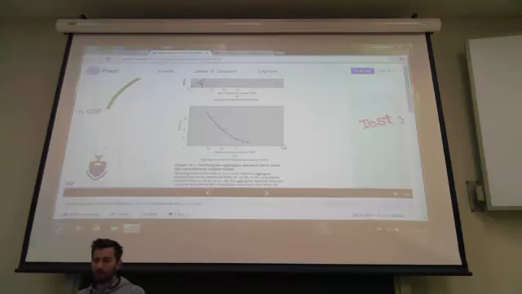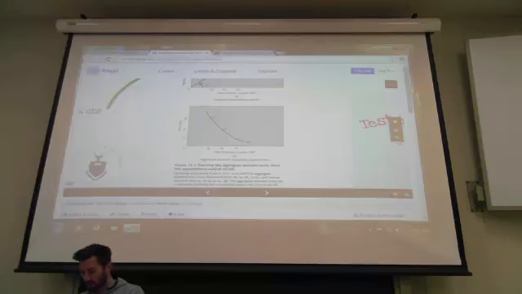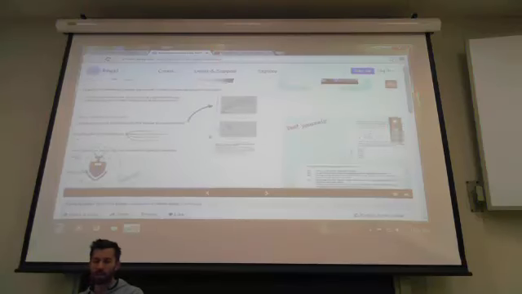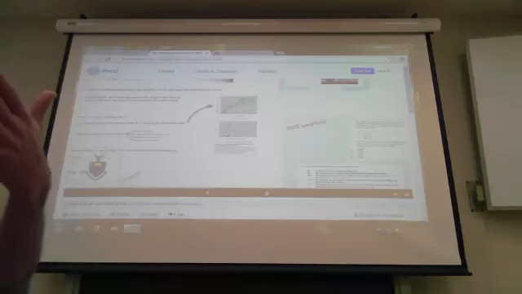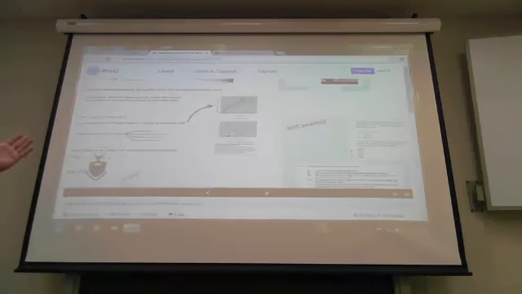So what would happen if we wanted to combine this set of diagrams with our previous set of diagrams, which had the shift in the LM? The way it would usually happen is the shift in LM is to the left, which is an increase in interest rates. The shift in aggregate expenditure is down, which would mean a leftward shift in IS, which would mean a decrease in interest rates.